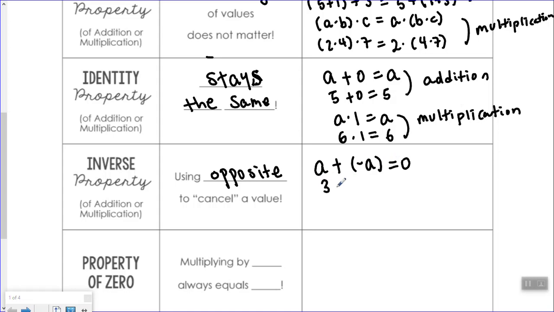For example, 3 plus negative 3 equals 0. And 8 times 1/8 is 1. 4 times 1/4 is 1. So these are addition, these are multiplication.